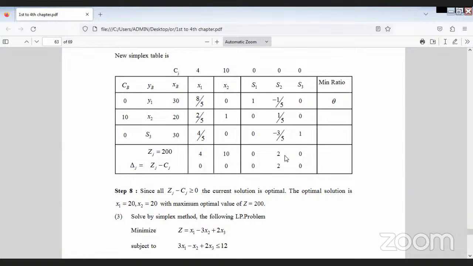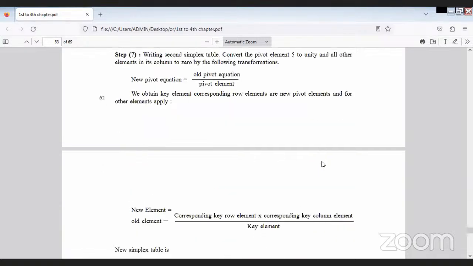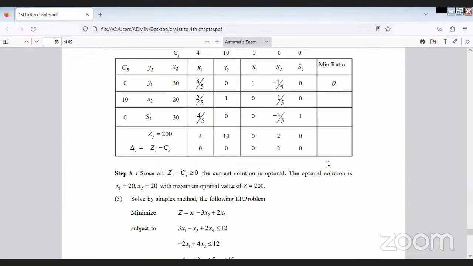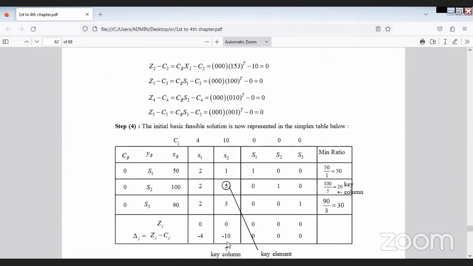Only 4, 10, 10, 0, 2, 0 ఎట్లా వచ్చిందో చెప్పండి నాకు. కొంచెం బుర్రకు పదును పెట్టండి అమ్మా. సార్, 410 CJ వాల్యూస్ సార్. ఇచ్చారు సార్. అవి CJ వాల్యూస్ సార్, ఆల్రెడీ ఇచ్చాడు టేబుల్ లో, స్టెప్ 4 లో ఇచ్చాడు సార్.